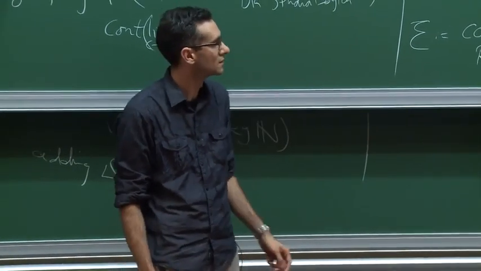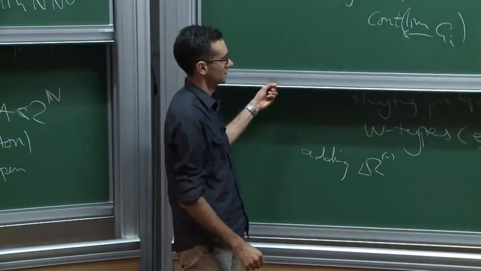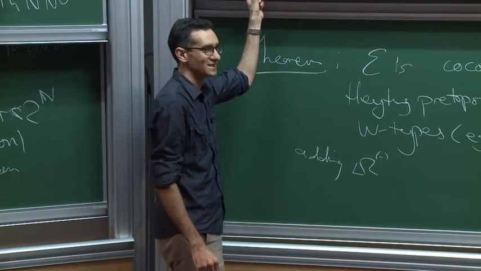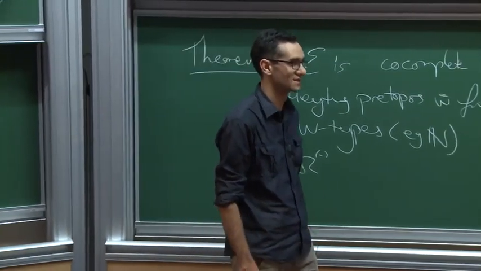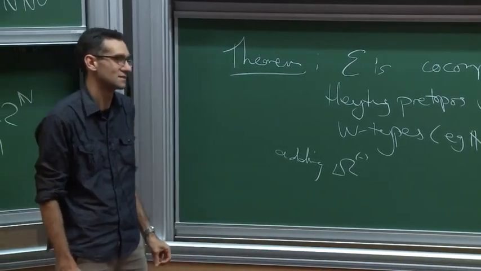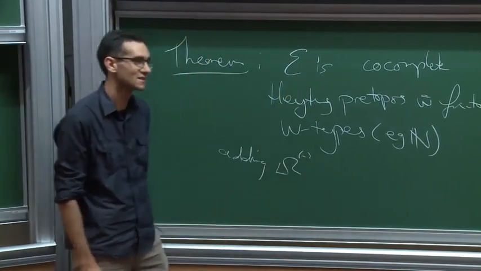Is the category well powered, the one on the left blackboard? If you say co-complete Grothendieck topos, no. I was about to say that the hiding is automatic if you're co-complete, but only if it's small, if you like.